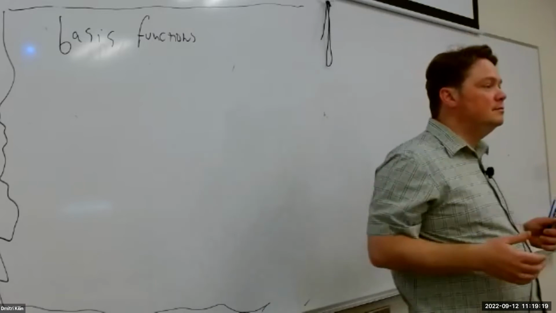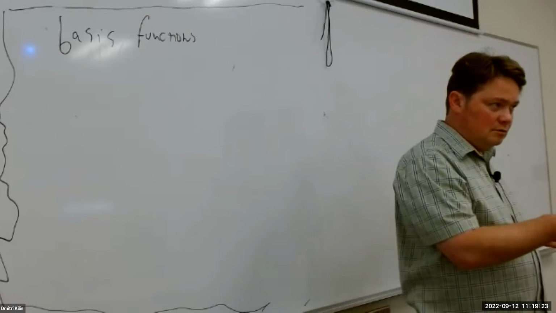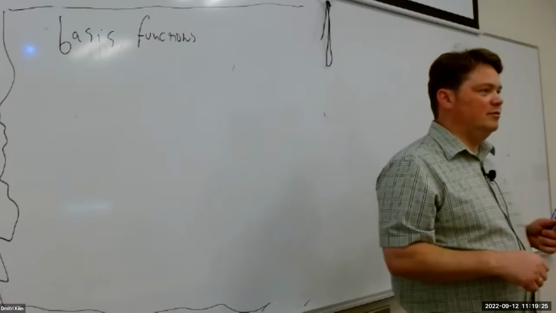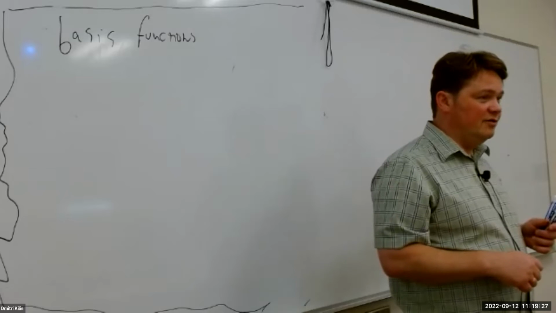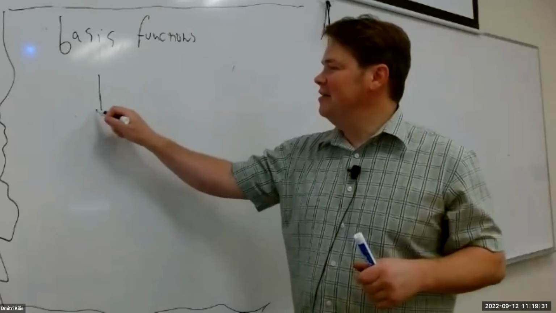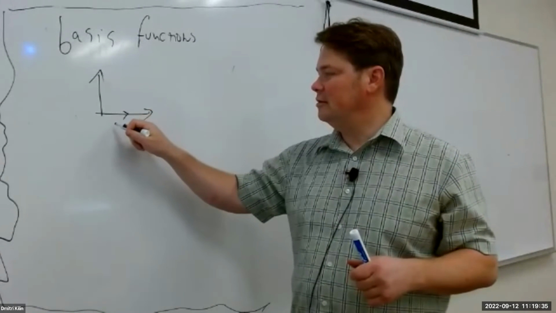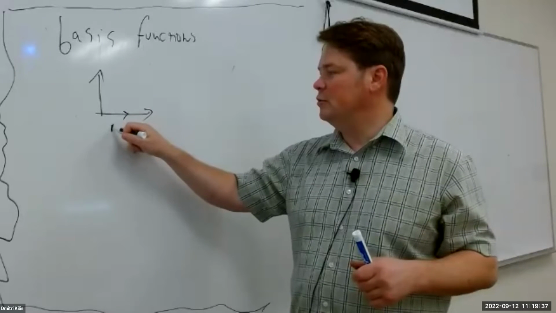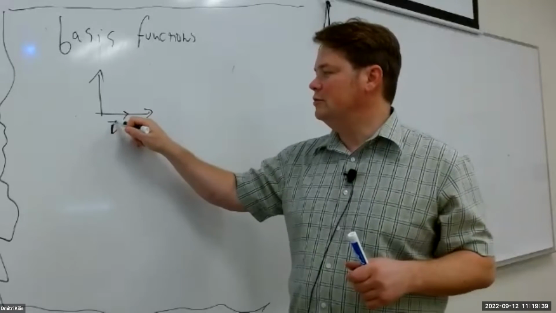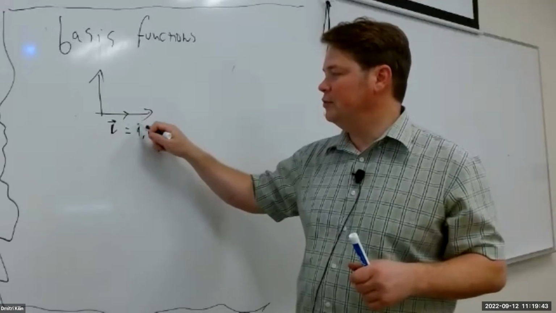It's like a set of vectors that you can make any vector in the space from. Perfect. So if there is a two-dimensional space, you have a vector, some people call it i bold, which has projection 1 in x and 0 in y.